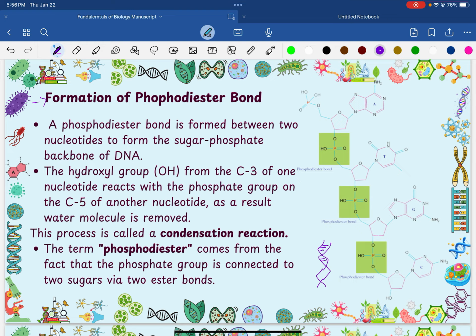For example, the hydrogen bonds between a base pair occur from adenine of one strand to the thymine of another strand, or cytosine of one DNA strand to the guanine of another strand. Now what is a phosphodiester bond? A phosphodiester bond is formed between two nucleotides to form the sugar-phosphate backbone of DNA.